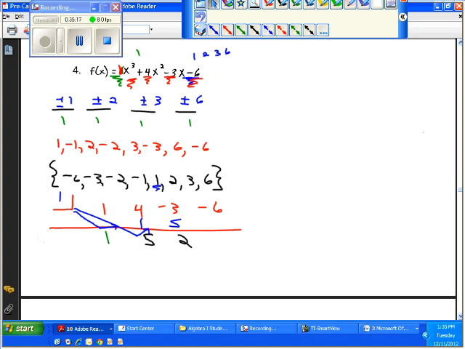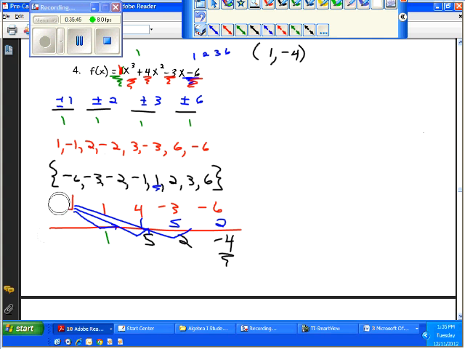And then we would add and get a 2. And then we would multiply and get a 2. And then we would add and get a negative 4. And that was not a 0, so we know that that's not a root. But we do know that the ordered pair 1, negative 4 is one of the points on that graph.